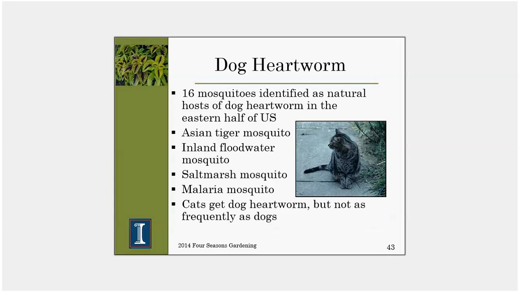Cats also get dog heartworm, but not as frequently as dogs, and normally it's not as severe. Cats usually show up as just not having much in the way of energy and tending to be a little bit sluggish, which are good clues that a cat may have dog heartworm.